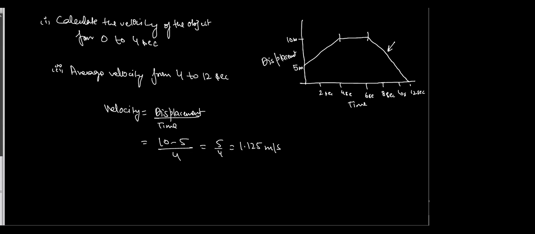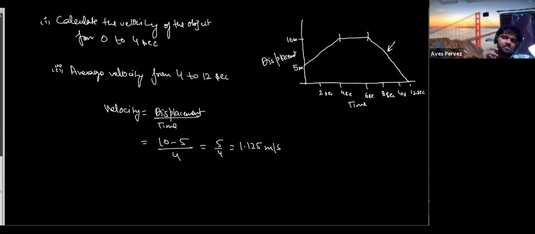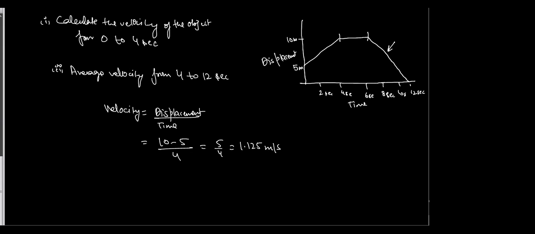So the average velocity is 0. How? Because both parts have equal distance.